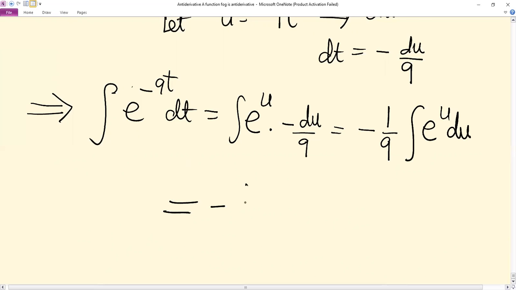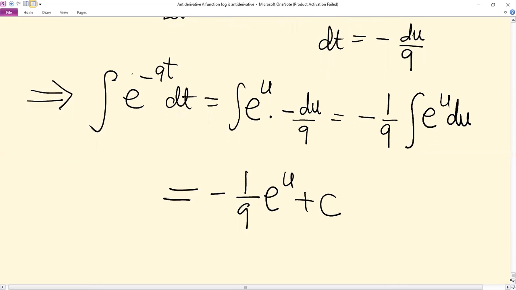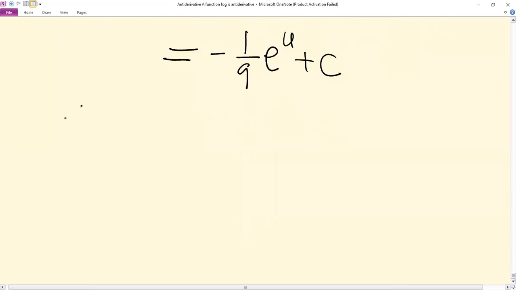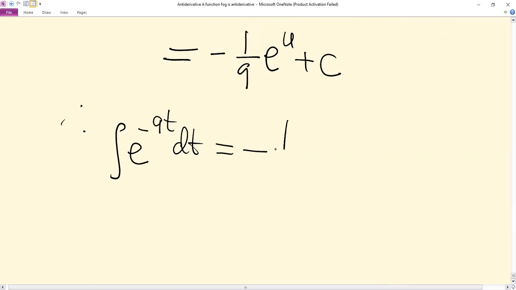So that would be negative 1 over 9 e raised power u plus c. So the given integral, therefore, the integral of e raised power minus 9t dt is negative 1 over 9 e raised power negative 9t and then plus c.